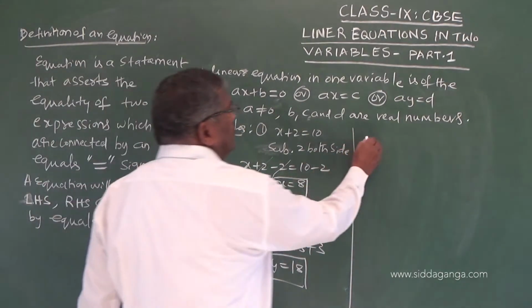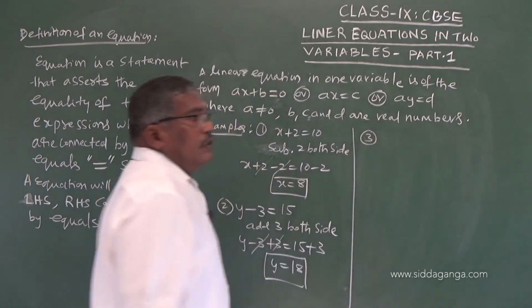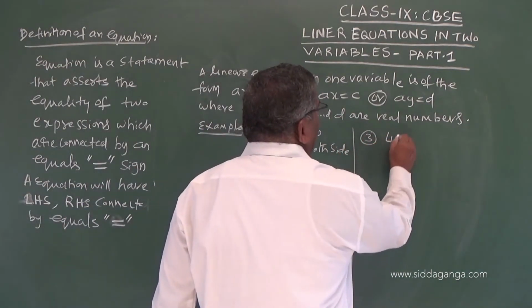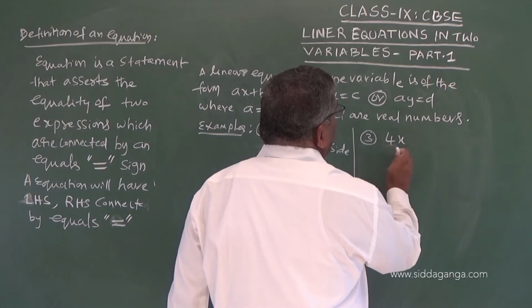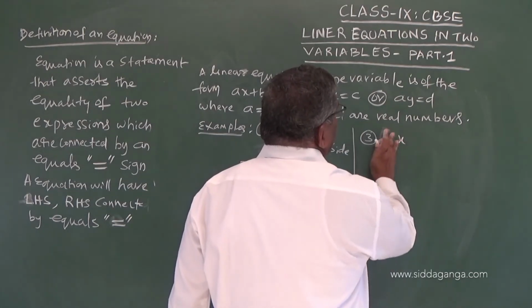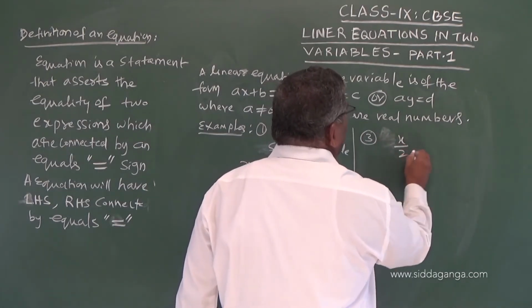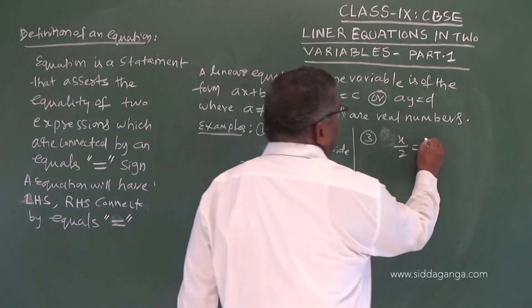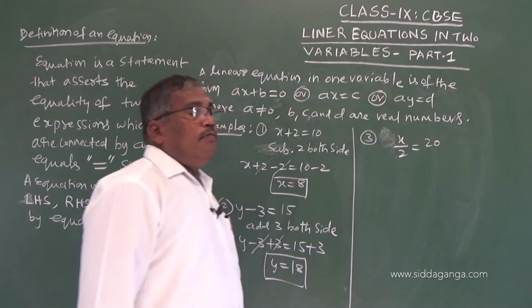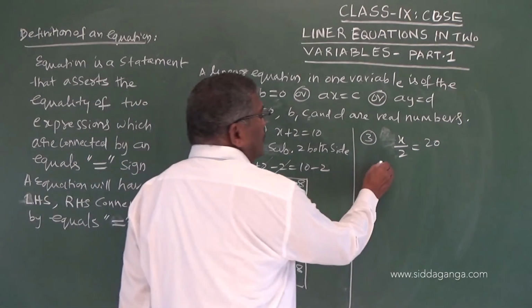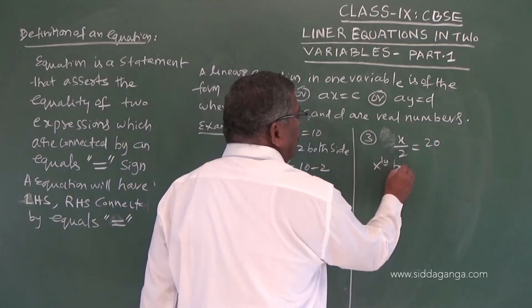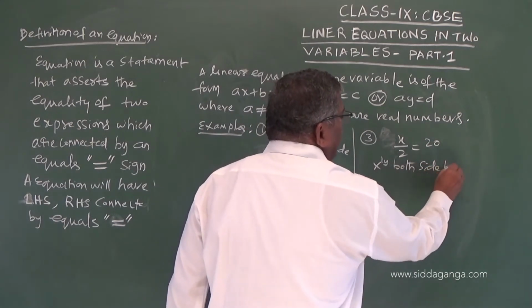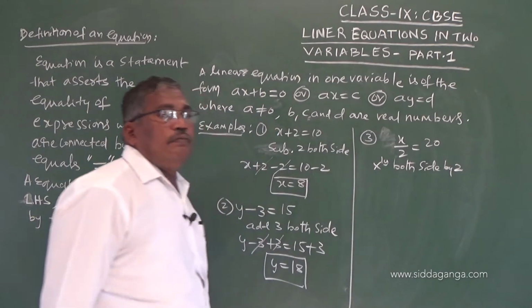Third equation, say multiplication, say x by 2 is equal to 20. Multiply both sides by 2.